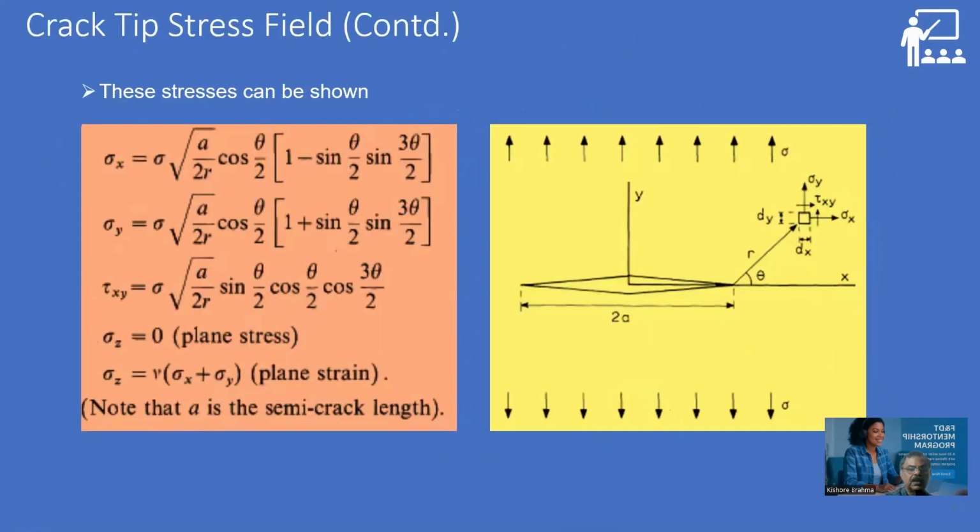So based on analytical analysis using complex variables, one can determine the stresses sigma x, sigma y, and tau xy. And obviously sigma z will be 0 for plane stress. In case of plane strain, there will be a Poisson's ratio effect where sigma z will be given as mu times (sigma x plus sigma y).